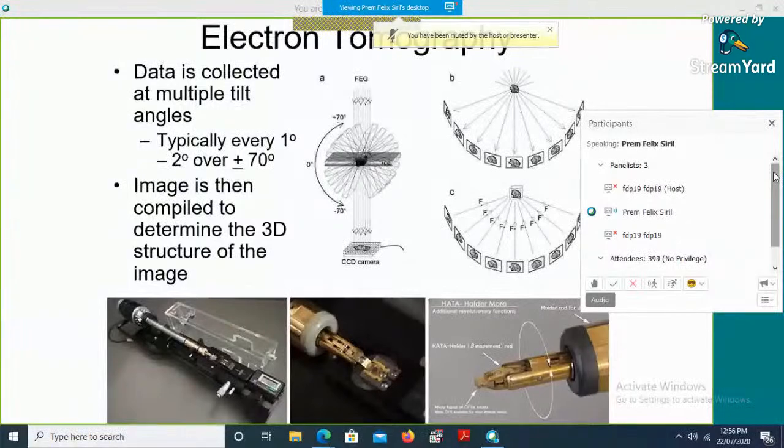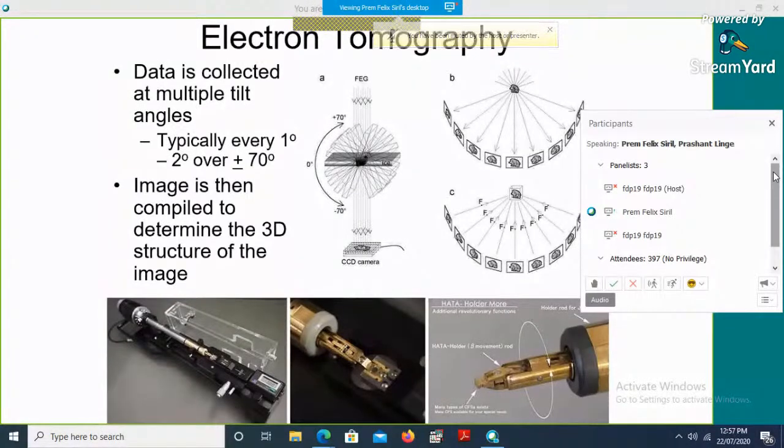In this way, using electron tomography, you can do three-dimensional imaging in EM, and mind you, this is the most important tool for studying biological structures, protein folding, and DNA structures.